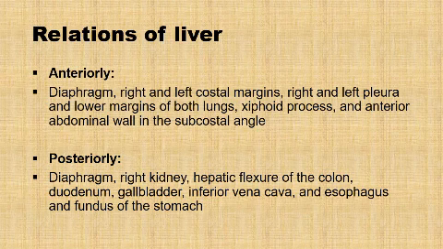Posteriorly, it is related to the diaphragm, right kidney, hepatic flexure of the colon, where the ascending and the transverse colon meet, duodenum, gallbladder, inferior vena cava, esophagus, and also the fundus of the stomach.